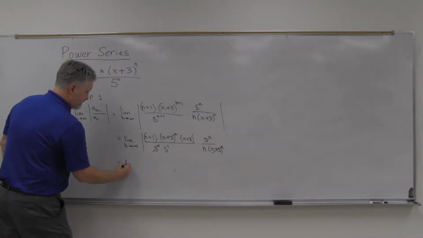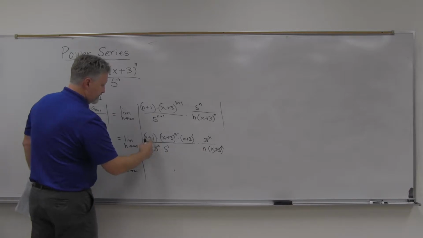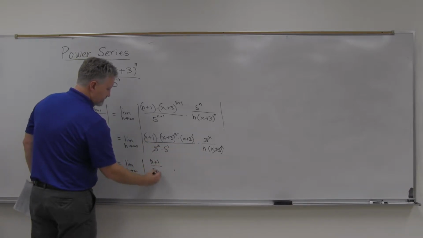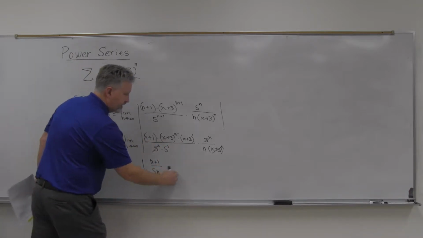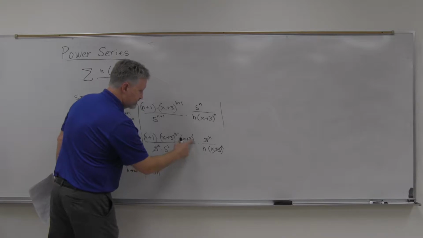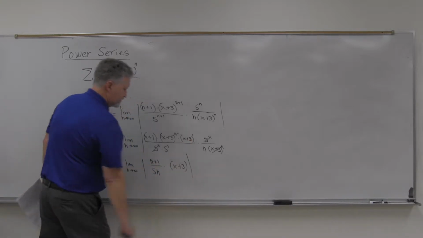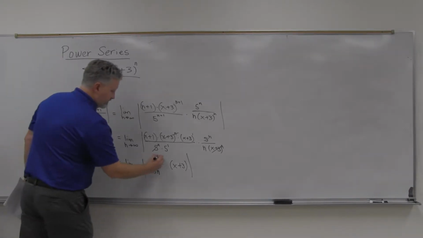If I put the n's together, I'd have n plus 1 over n, let's put the 5 in here too. Now the x's, well, all that's left is that x plus 3. So as n goes to infinity, what is this going to go to?